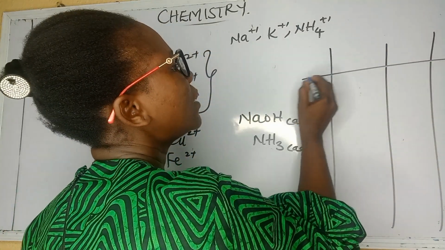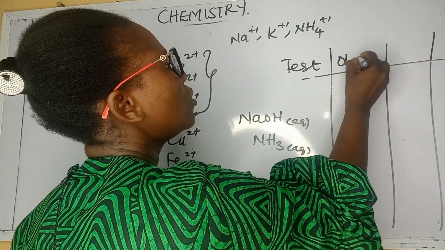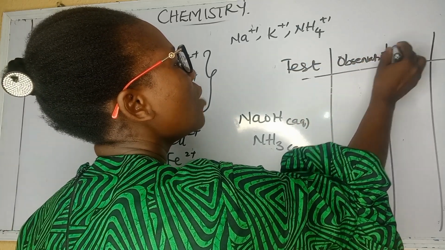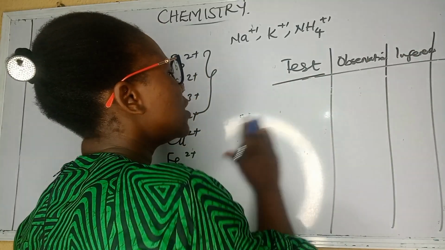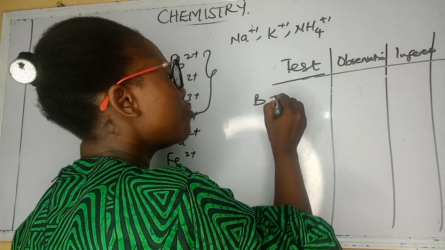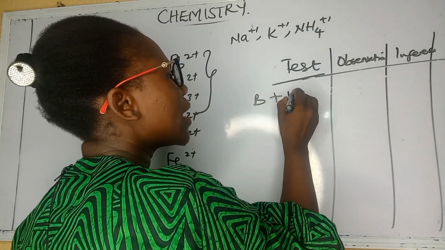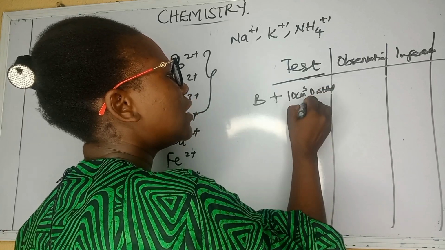So we have the test, we have observation, then we have the inference. Under test, the first thing you will see is maybe C or D or B, sample B plus water. It can be 10 cm cube of water or any other volume of distilled water.